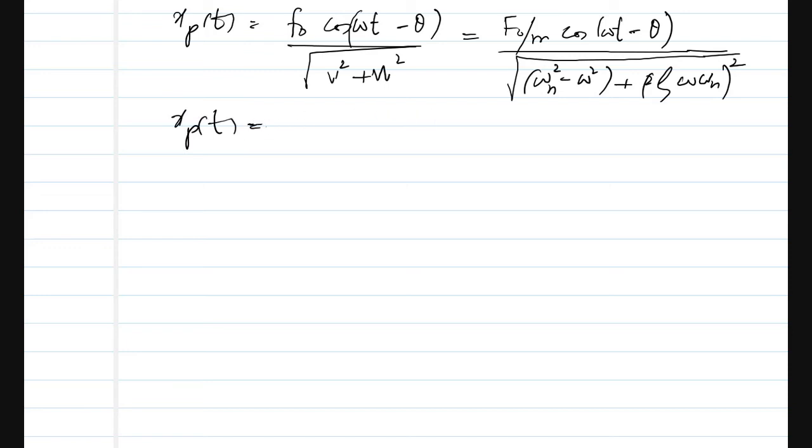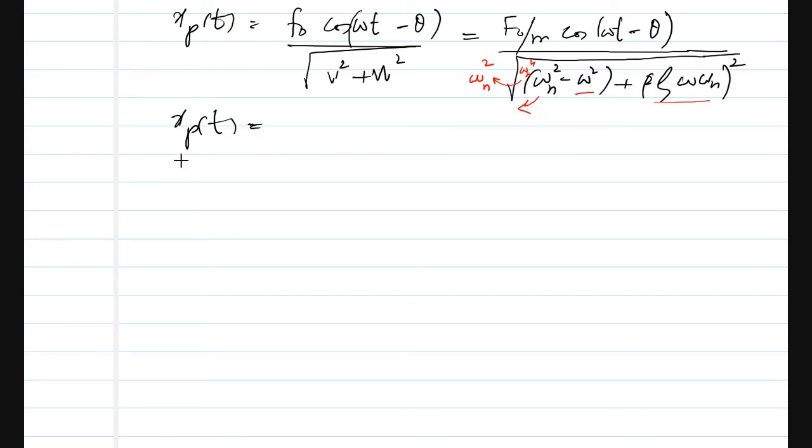Slightly simplifying it, if I take omega n to the power 4 out of the brackets, it becomes omega n square. So we have to divide omega n square with this term and this term also.